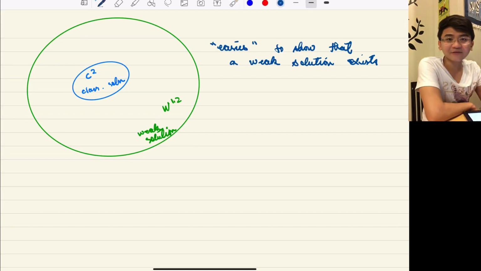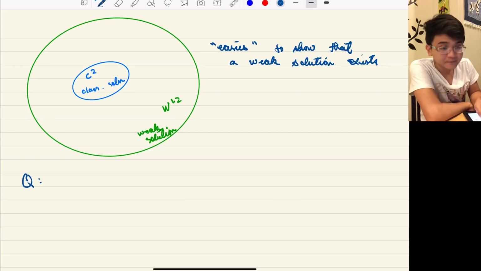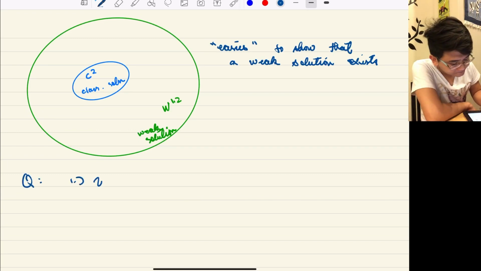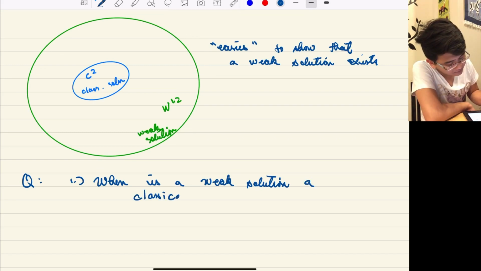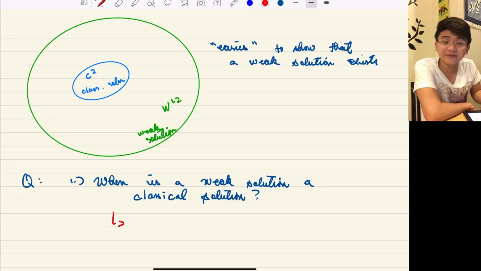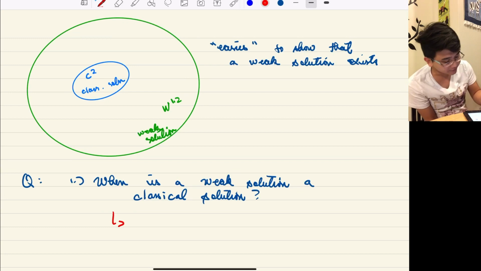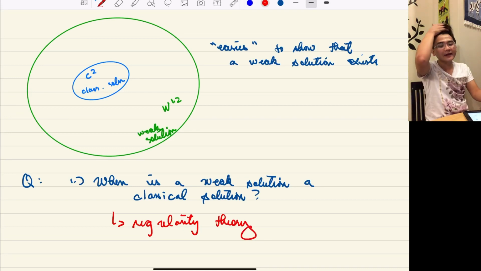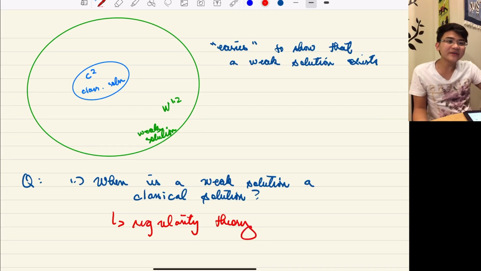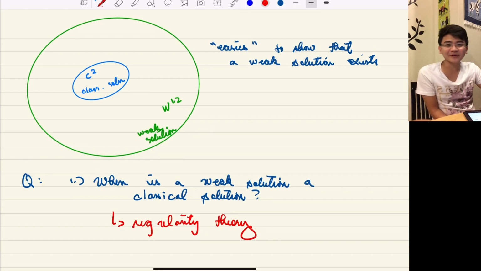And this leads us to the following questions. Number one, when is a weak solution a classical solution? The answer to this is pretty much regularity theory. Can we say that the weak solution has better regularity properties? Is it continuous?